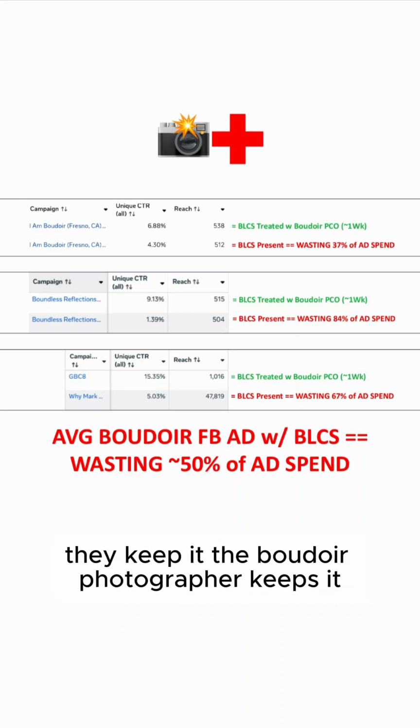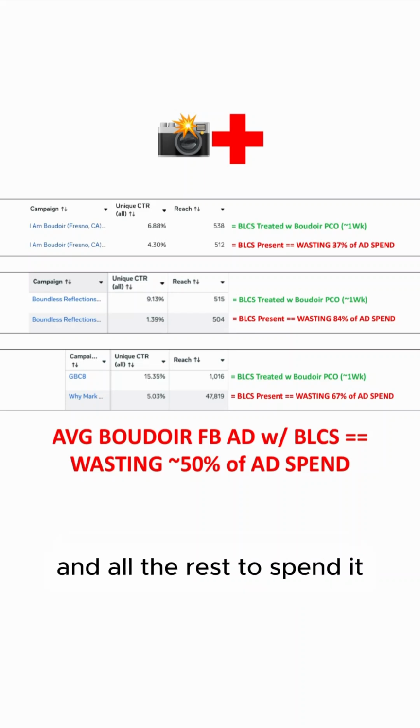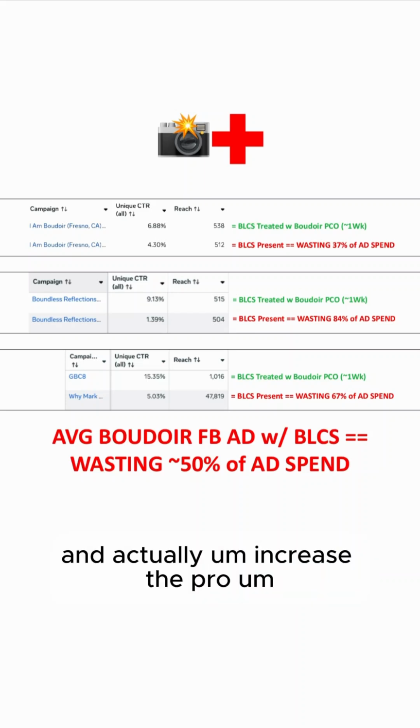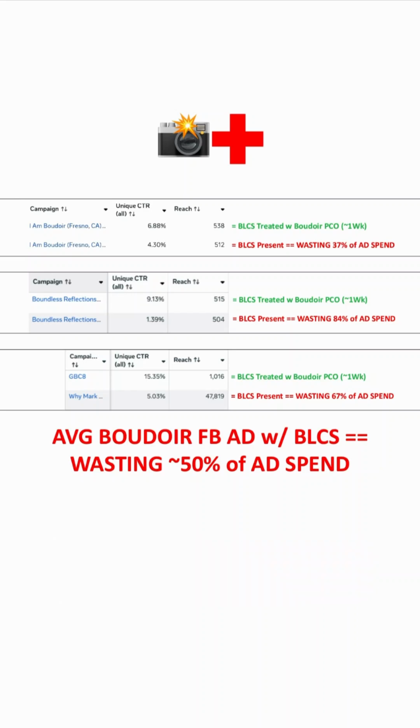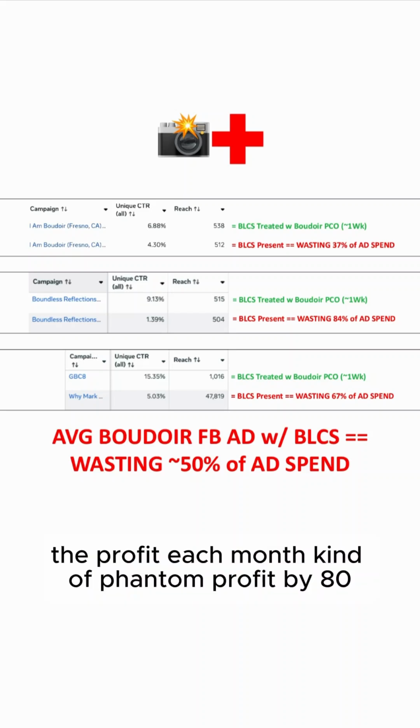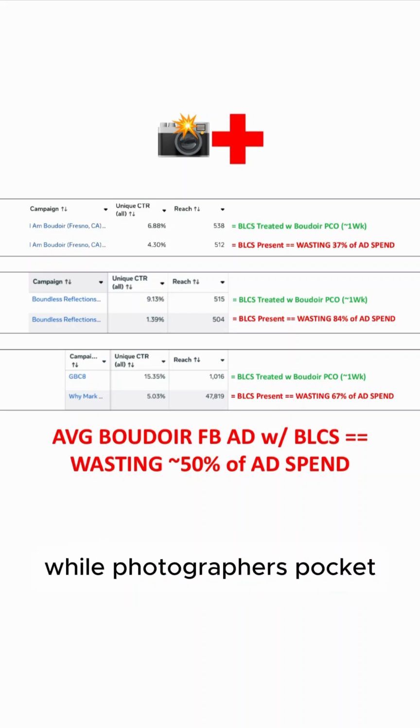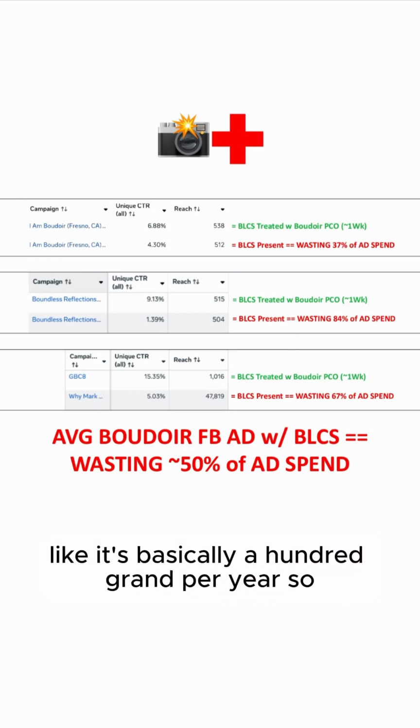The Boudoir photographer keeps it. No longer has to spend it, and we actually increase the profit each month, kind of phantom profit, by 8,400 staying in the Boudoir photographer's pocket. It's basically like 100 grand per year.